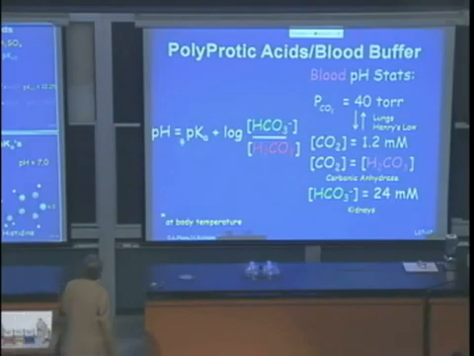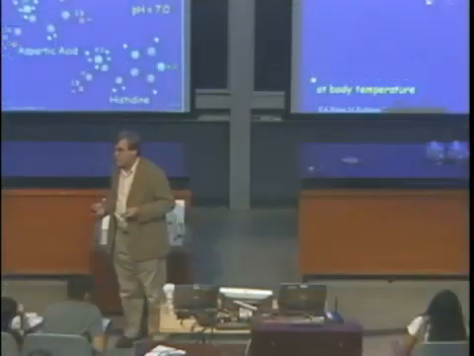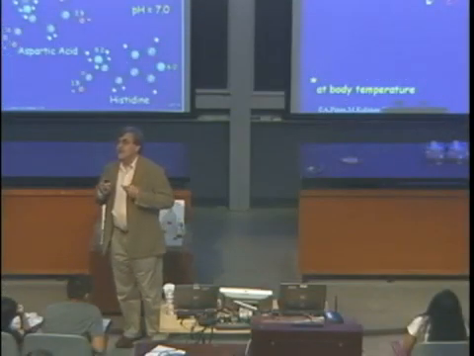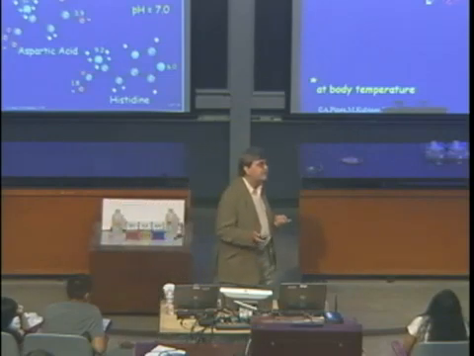And the pKa at 25 degrees was 6.37, but your body isn't at 25 degrees, so the constant is different. You know that the equilibrium constant depends on the temperature.